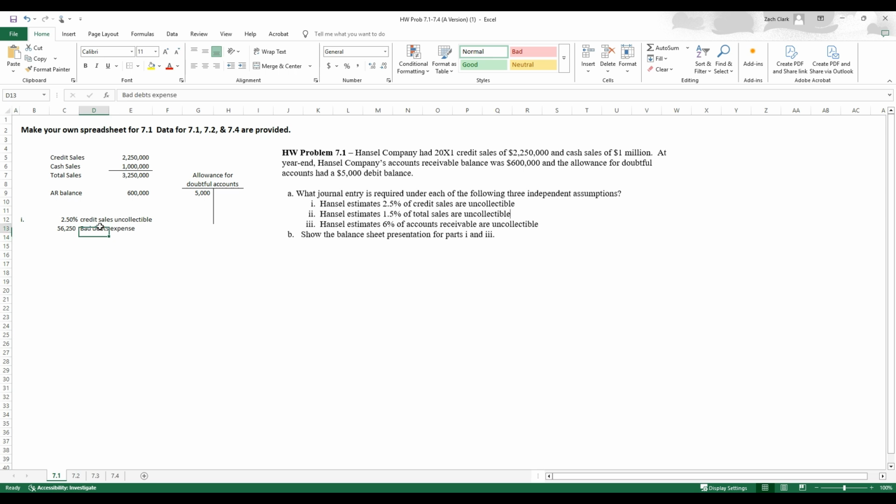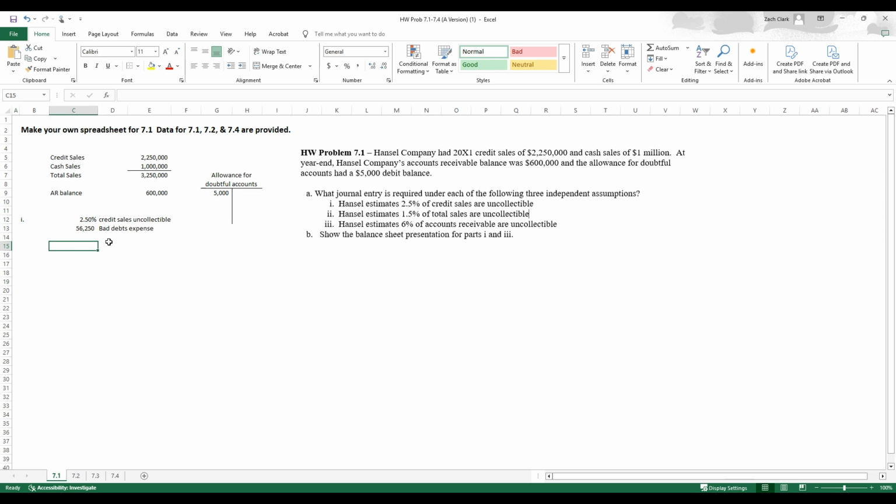Okay, so that will become our bad debts expense. And so the journal entry under this one then will be, let's say this is our account section. I'm going to bypass doing the date and just do the debits and credits.